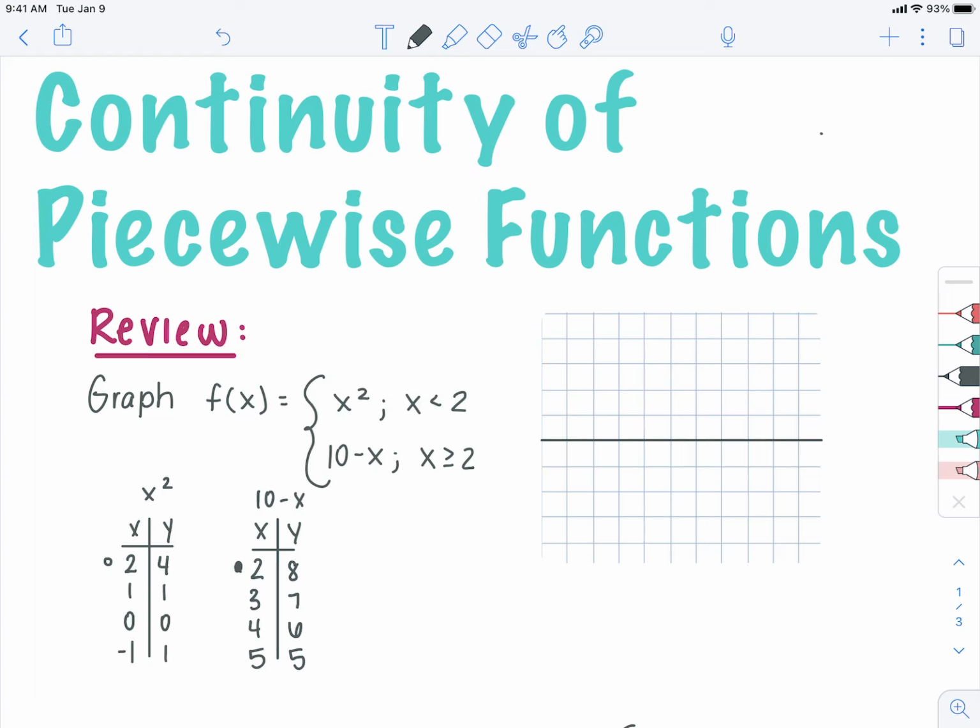Go ahead and draw my x and y axis. I'm going to put in my fence at 2. And then I'm just going to plot my points. So I get 2, 4, 1, 1, 0, 0, negative 1, 1.